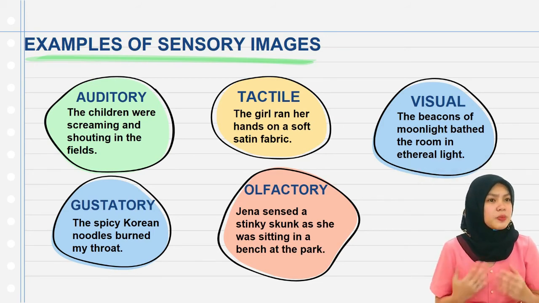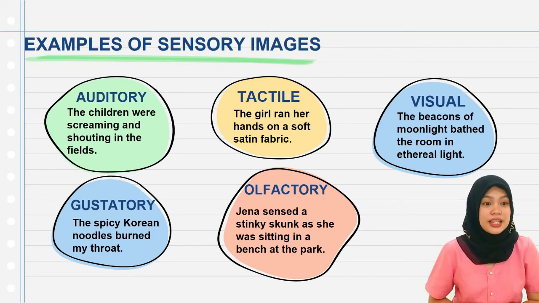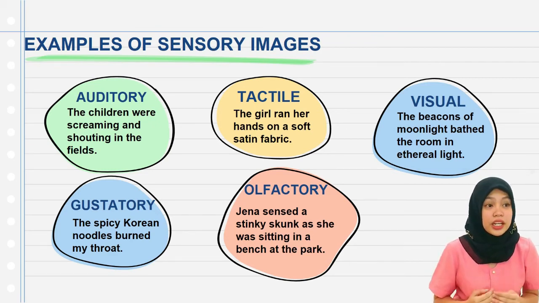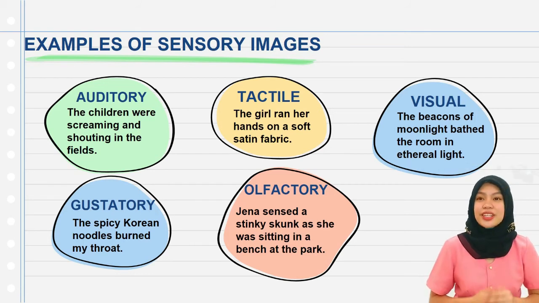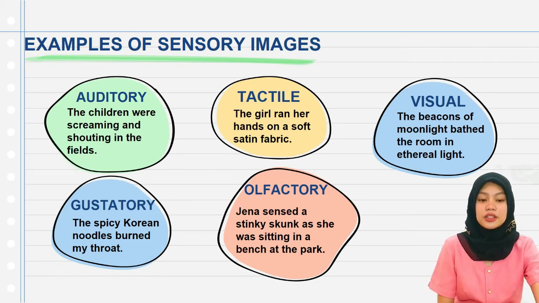So you can see that the speaker is telling us what he or she has seen. Okay, for the gustatory imagery: the spicy Korean noodles burned my throat. So the word here is spicy. For the last one, olfactory imagery: Jenna sensed a stinky skunk as she was sitting at the bench at the park. So the words here are stinky skunk.